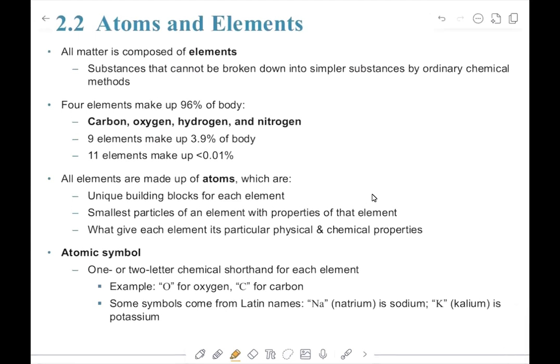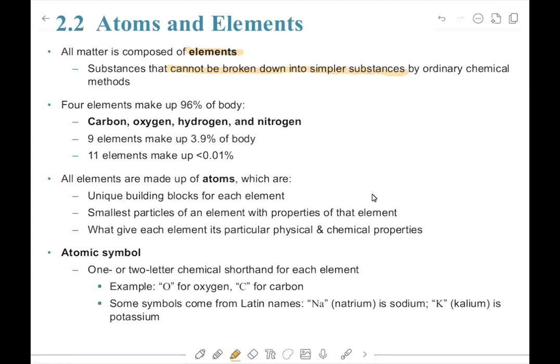So atoms and elements, all matter is composed of these elements, and an element is a substance that cannot be broken down into a simple substance by ordinary chemical methods. With nuclear chemistry, it can be broken down, but we're not talking about those examples.